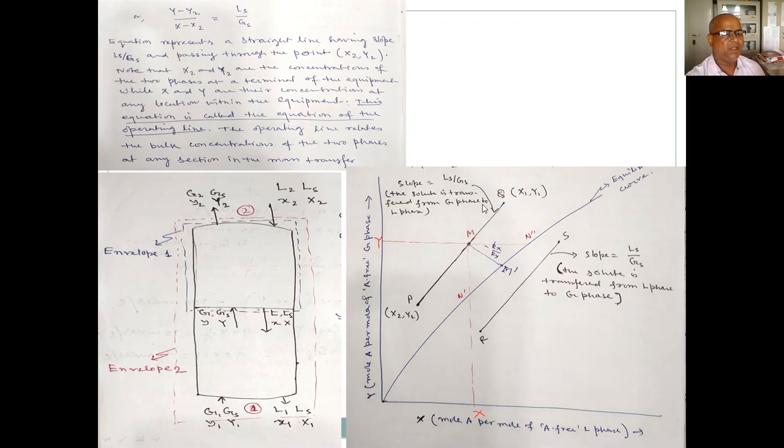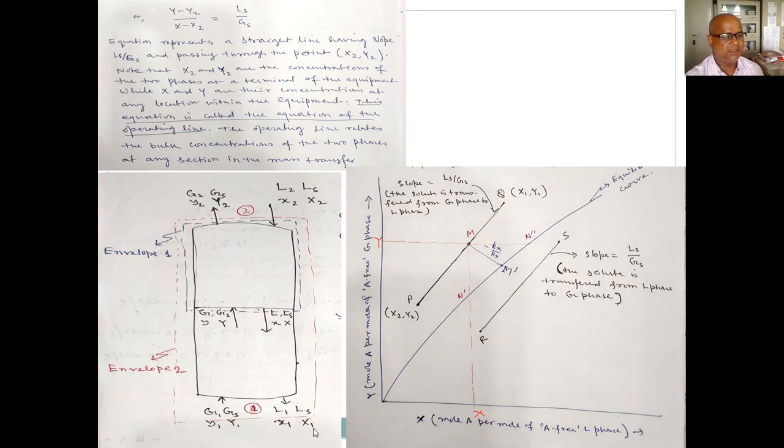Similarly, in this case capital X1 will be higher and capital X2 will be lower, because ammonia is transferring from the gas phase to the liquid phase. So in the liquid phase, X2 will be lower, and it will increase because ammonia is transferred.